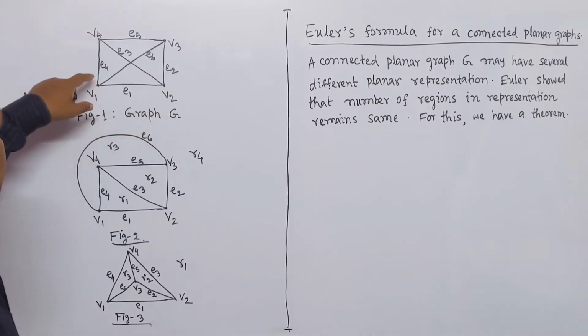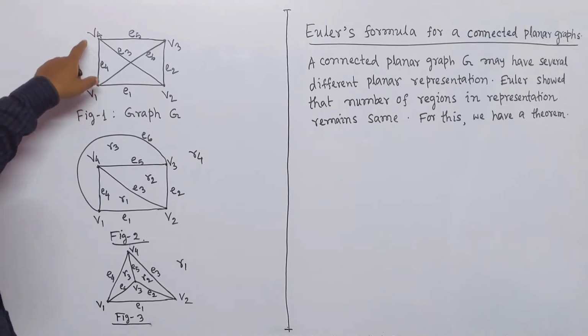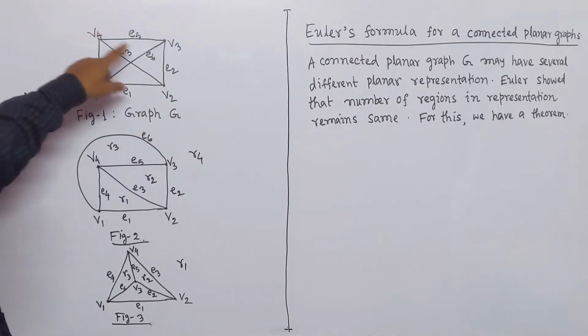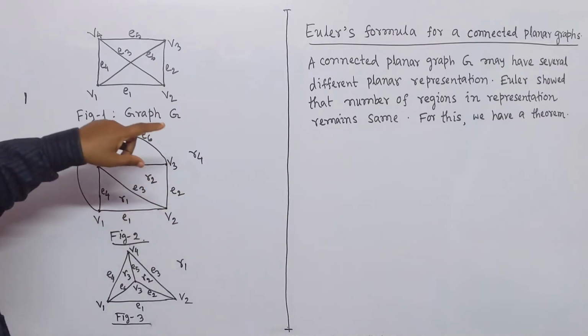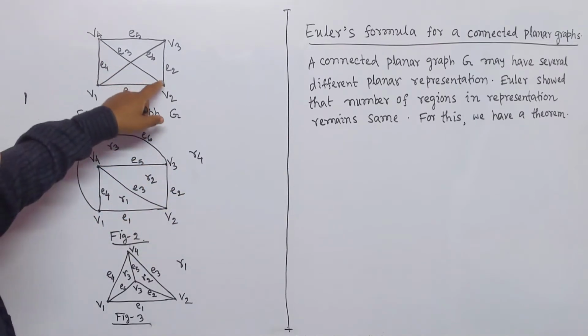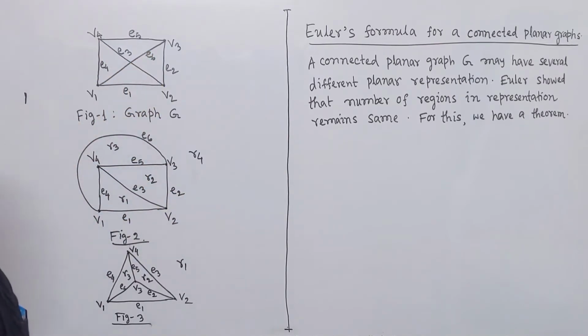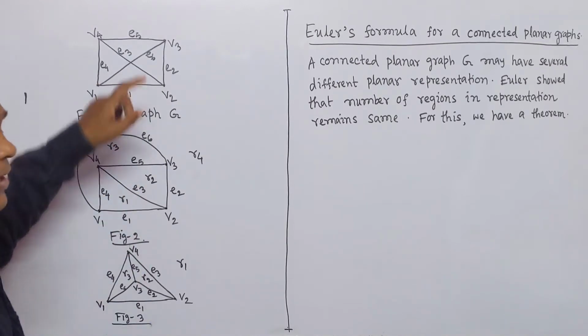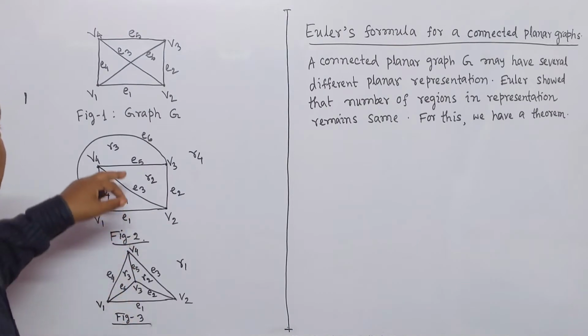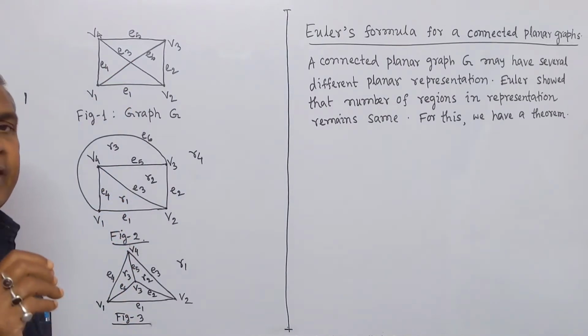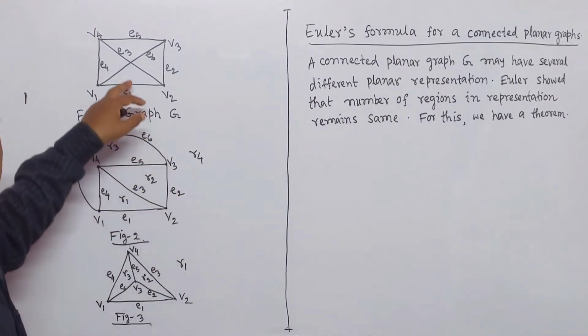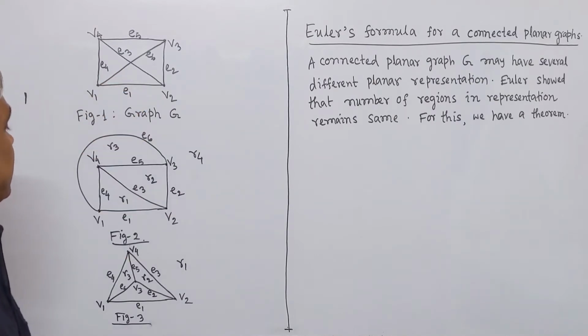Here we see that this graph is drawn on a plane, but edges E3 and E6 intersect with each other, so this is not a planar graph. We may draw the embeddings of this graph.